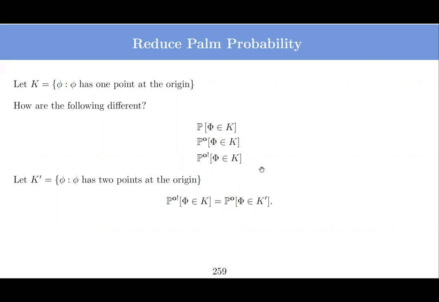We have to compute this too, and we don't know its value because we haven't studied the conditional probabilities. So if I define K' as Φ having 2 points at the origin, then the reduced Palm probability of K is equal to the Palm probability of K'. Conditioned on a point, I have to look at whether there are 2 points at the origin.